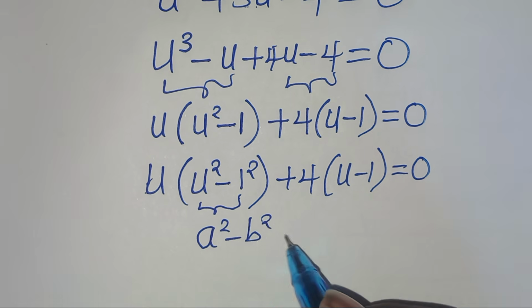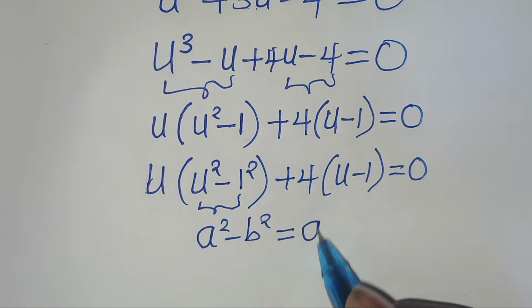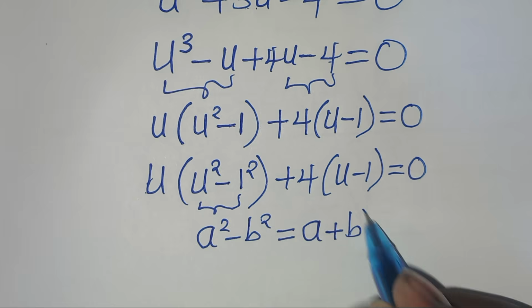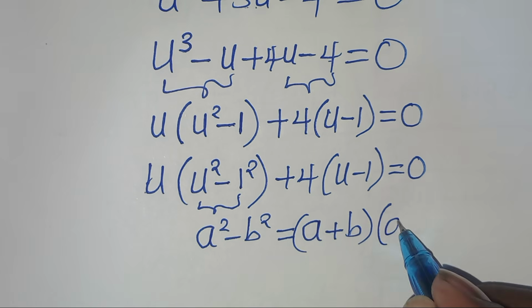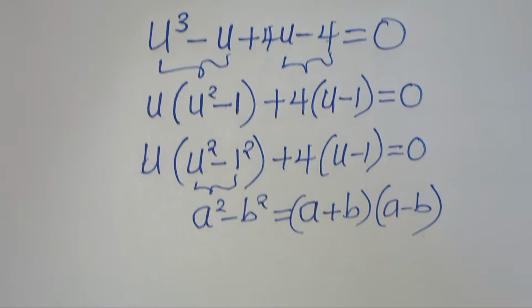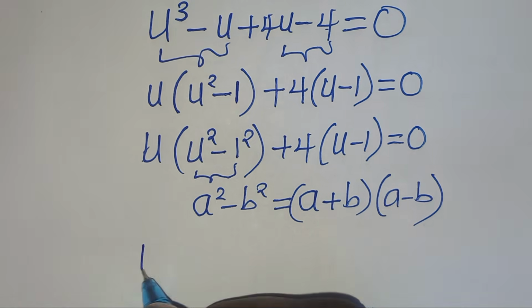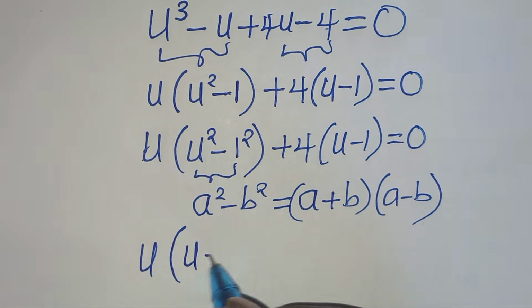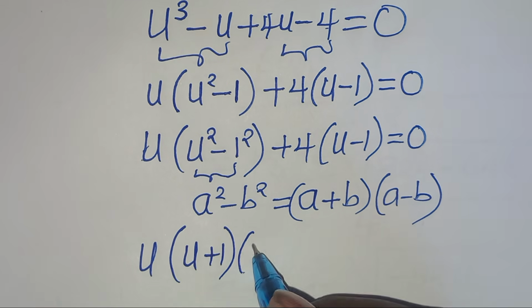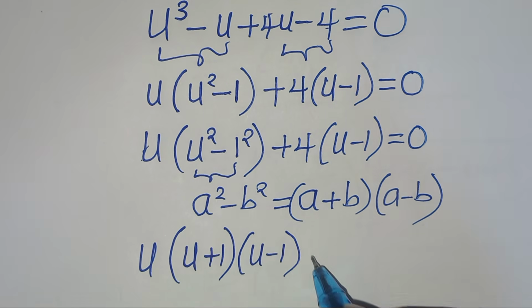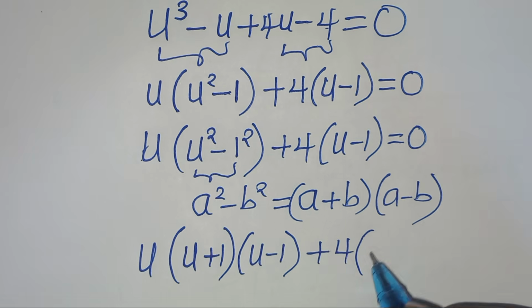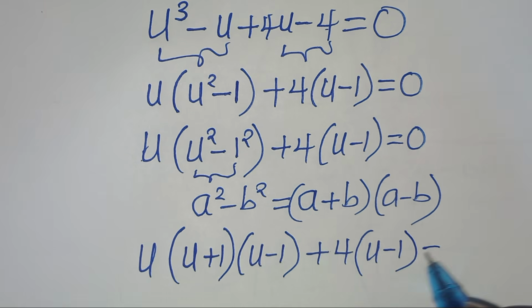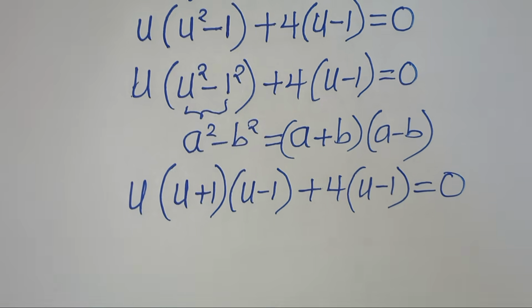This is the difference of two perfect squares that we can express as a plus b multiplied by a subtract b. So we have u into the parentheses, u plus 1 multiplied by u subtract 1, then plus 4 multiplied by u subtract 1. This is equal to 0.